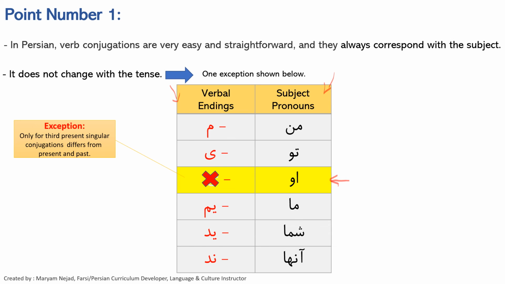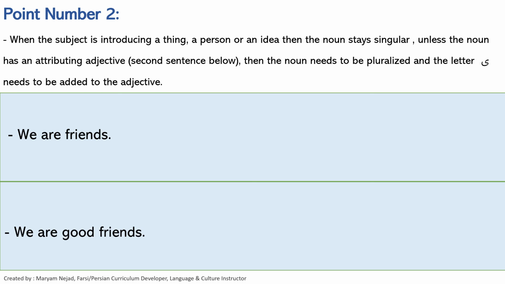Here's another important point that you need to know, and I'm going to explain it by using the sentence here. So here we want to say we are friends. So this sentence in Farsi will be translated as ما دوست هستیم. But a lot of the students, they go ahead and add a ha because they are translating also friends like the plural s in Farsi by adding the ha.